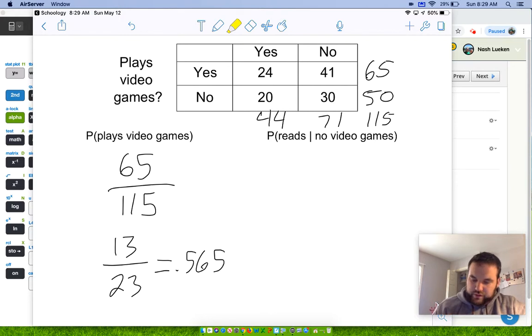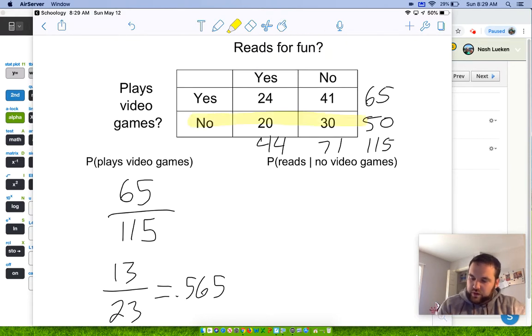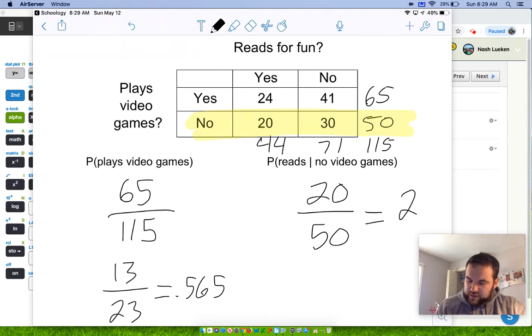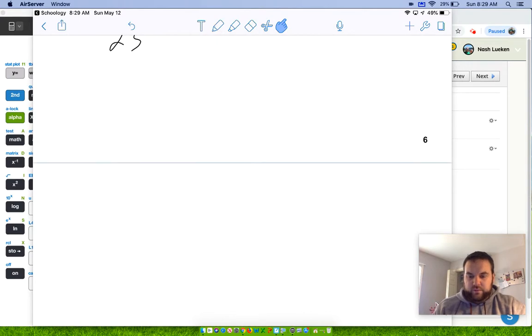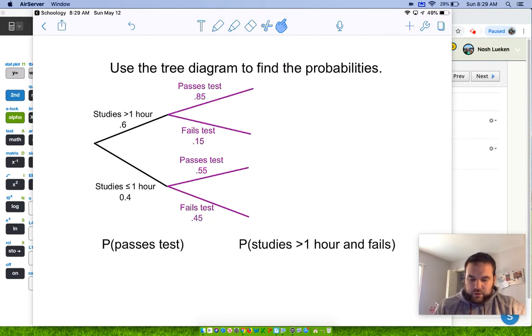So you know they answered no to playing video games, which means my sample space is 50. Of those 50, how many do read for fun? That'd be 20 out of 50, which is 2 out of 5, or 0.4, or 40%. Okay, so that's how we use that two-way table to answer some questions.